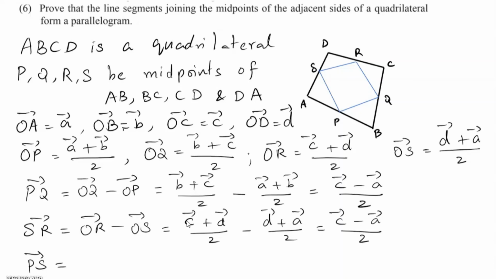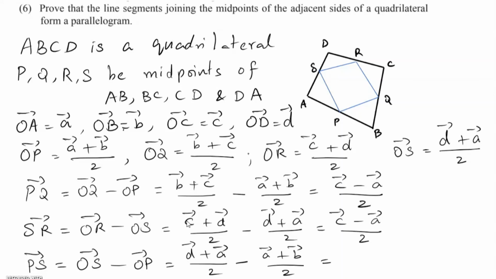I'm defining all the vectors which are joining the midpoints to the adjacent side of the quadrilateral. So PS would be equal to vector OS minus vector OP, and that would be equal to OS is D plus A by 2 minus vector A plus B by 2, and we will be left with vector D minus vector B by 2.